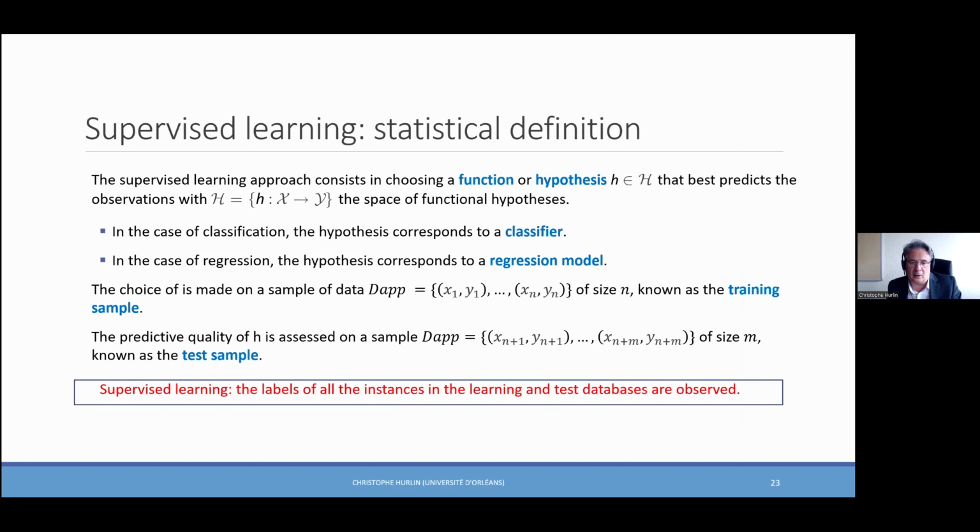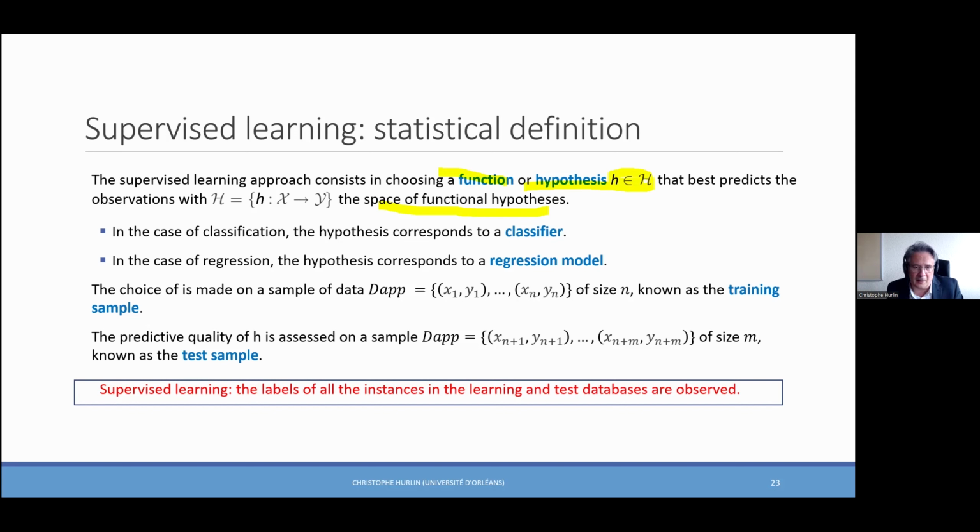Supervised learning has a statistical definition. In general, supervised learning consists in choosing a function or hypothesis, so this is my model F. In machine learning this is a hypothesis or a function, H, that best predicts the observations in the space of functional hypotheses.